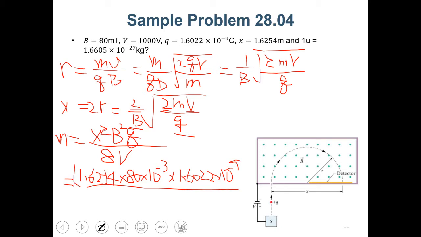Oh, these two need to be squared. And then over 8V. V is 1000 volts.